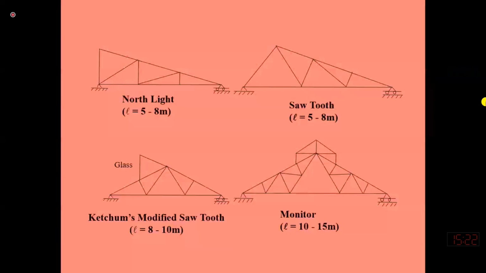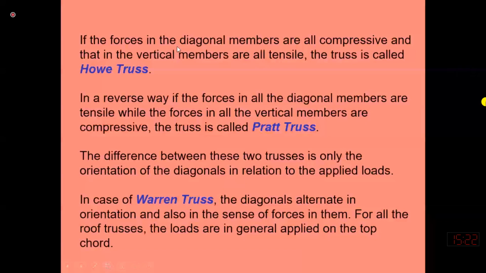If the forces in the diagonal members are compressive and the forces in the vertical members are tensile, all vertical members subjected to tension forces and all diagonal members subjected to compressive forces, then the truss will be Howe. Opposite to that will be Pratt. In Pratt, diagonal members will be in tension and vertical members will be in compression.